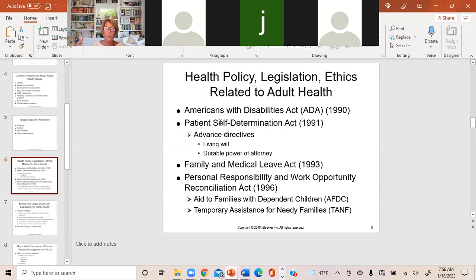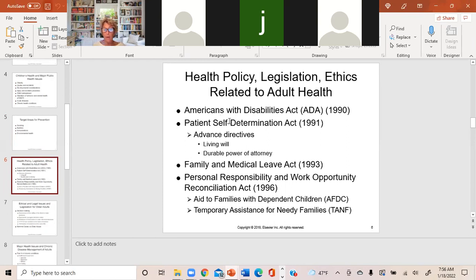You're going to get asked a question that says, here's your scenario. Is this a scenario that we would use the Americans with Disabilities Act? Is it the Patient Self-Determination Act? Is it the Family Medical Leave Act? And so you need to go back into the chapter and get a one-sentence summary of what each of these are used for.